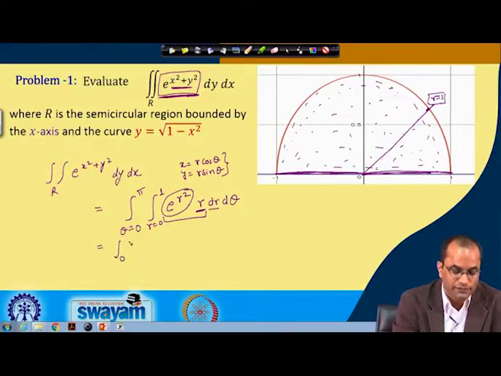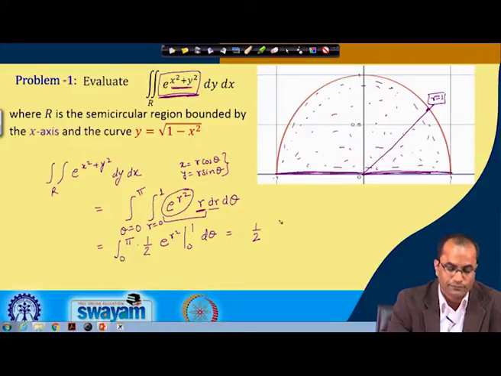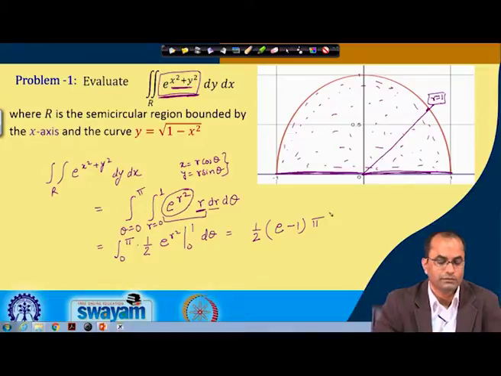So, we can easily integrate this integrand now with respect to r. So, we have theta from 0 to pi, and this will give us half, and then you have 2r here, exactly the differential of r square. So, this integral will be e power r square from 0 to 1, with d theta. So, this will be e minus 1 with half, and then theta, when we put the upper limit pi, there will be another pi there.